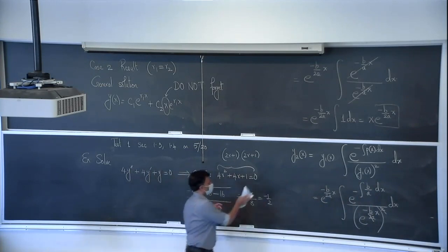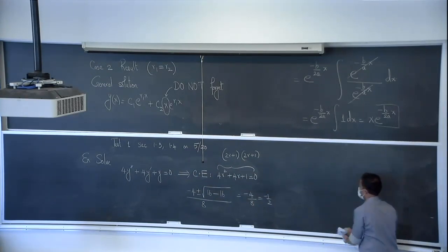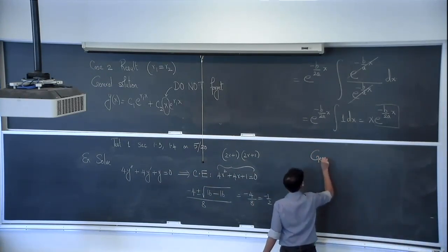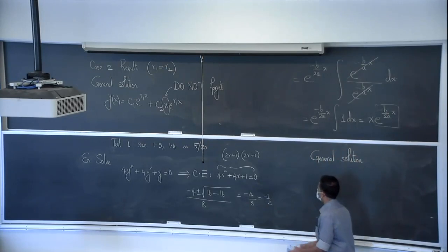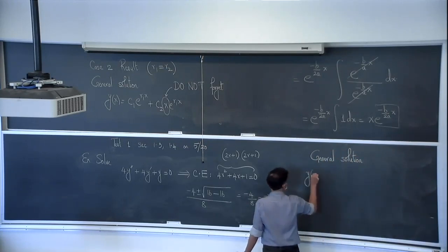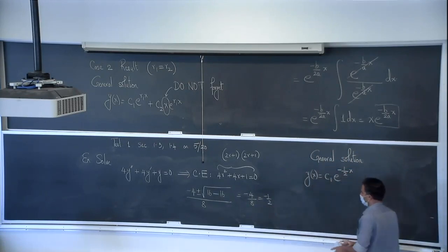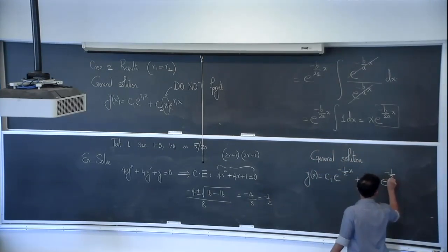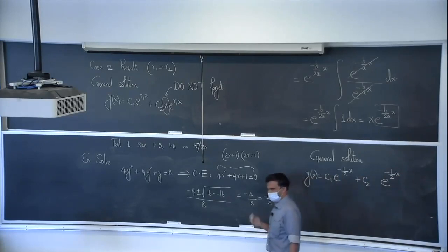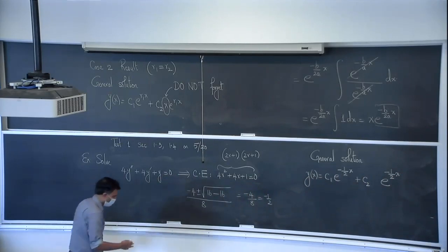So the general solution is given by y of x equal to c1 e to the power of r1x, which is e to the power of negative 1/2 x, or x over 2, whatever you like, plus c2 x e to the power of negative 1/2 x.